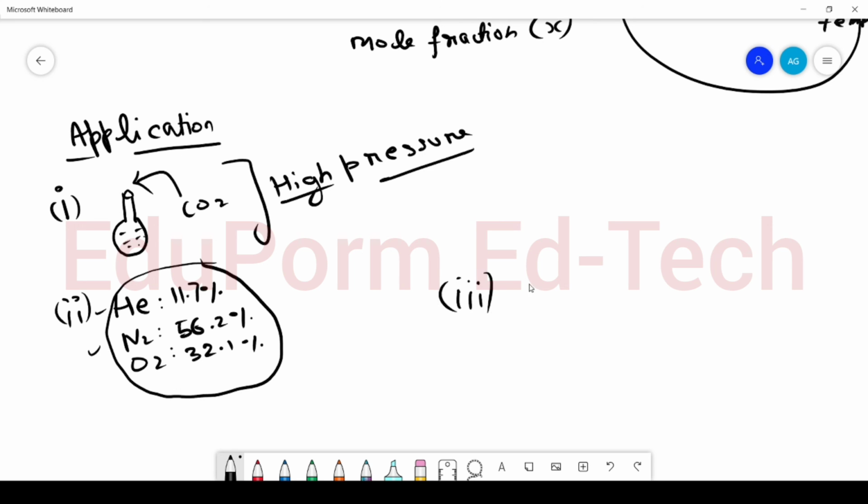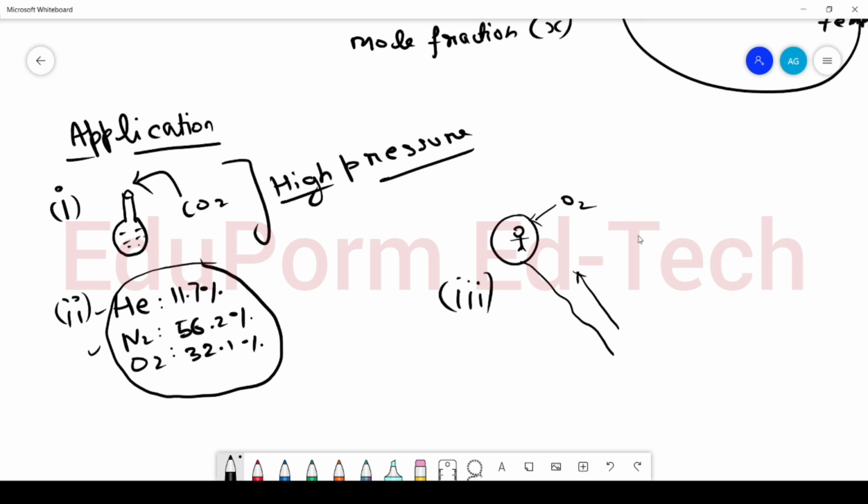The next application is when we move to higher altitudes. That means when we climb mountains, as we go high above, the partial pressure decreases, and as the partial pressure is low at height, the solubility of the oxygen gas that we inhale decreases.